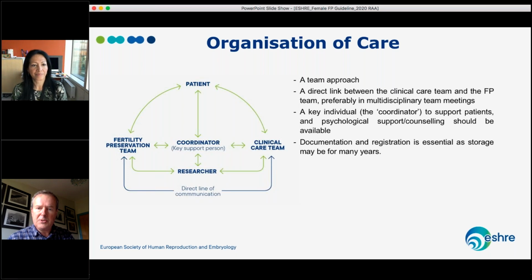That will, we felt, preferentially involve multidisciplinary team meetings, but we also highlighted the absolute key role of an individual, termed a coordinator here, who will support the patients, provide linkage between these groups, and provide links to support and counselling, which also should be available. And of course, there is a need for accurate documentation, which may need to cover the storage for potentially many years.